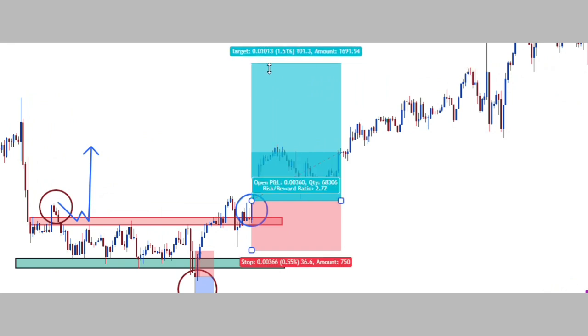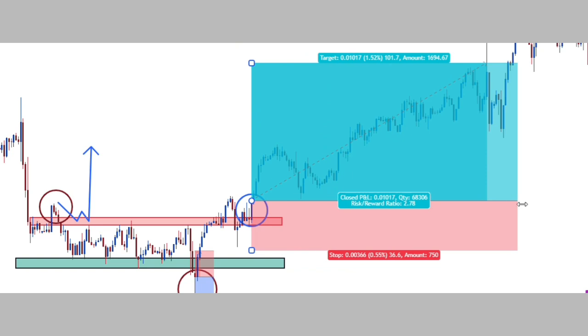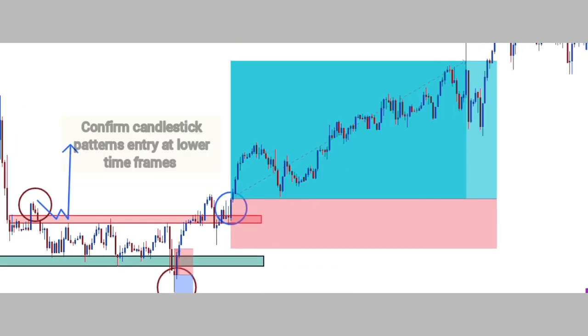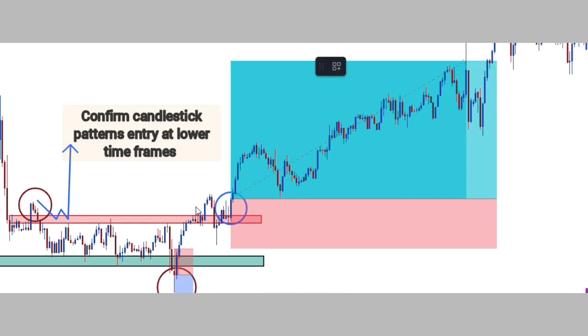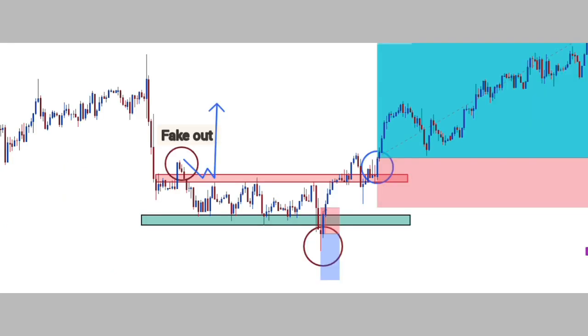This is how you'd win this trade easy. So always wait for a retest. That's the solution. Wait for a proper retest and watch your candlestick patterns confirming the entry to the upside. Don't be quick to buy when there is a breakout with a bullish momentum or a bearish momentum, like in this case. So this was a fake out.